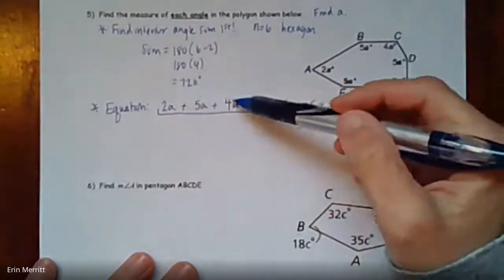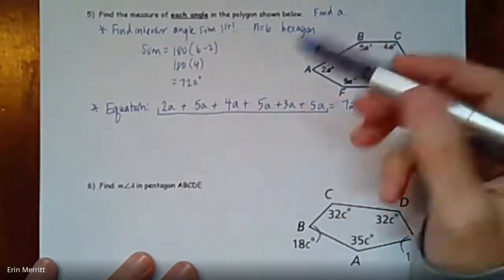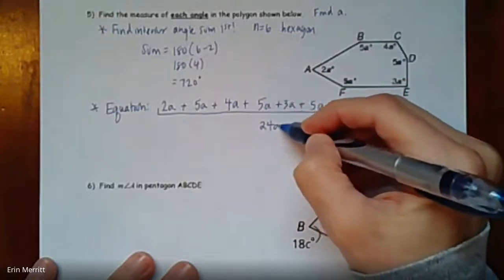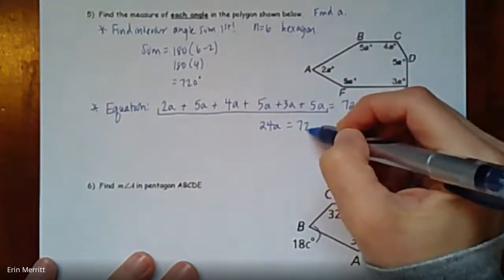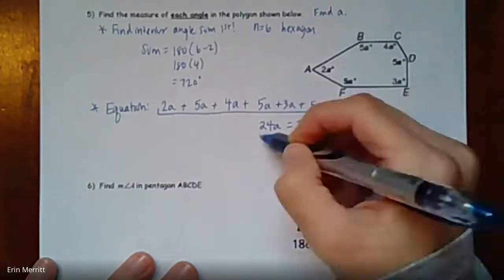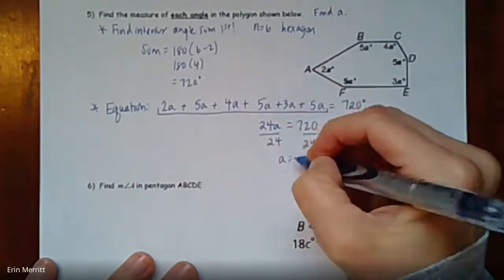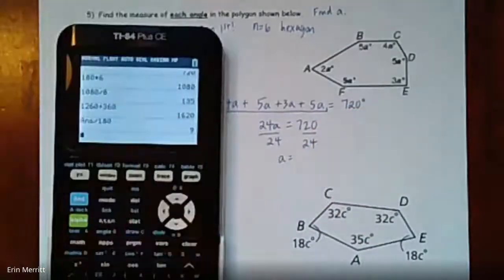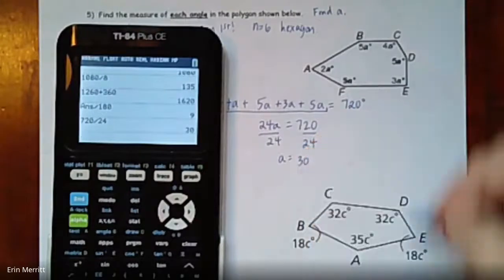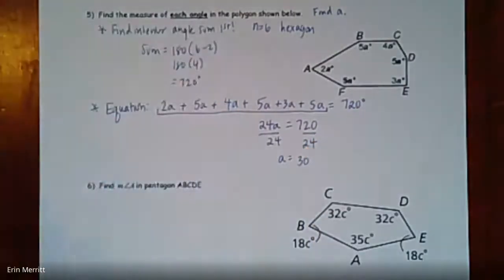So 2 plus 5 plus 4 plus 5 plus 3 plus 5 all together should be 24A equals 720. Divide by 24. So if you grab your calculator, 720 divided by 24, we get a nice pretty value of A equals 30.